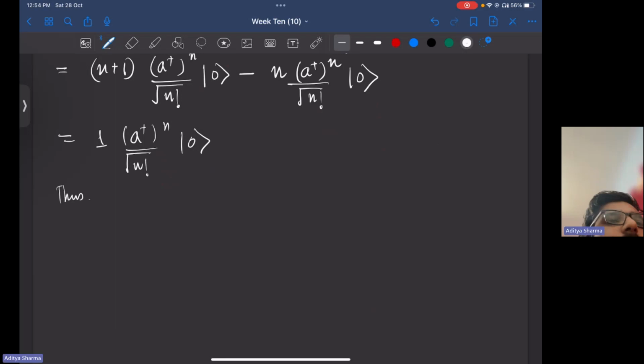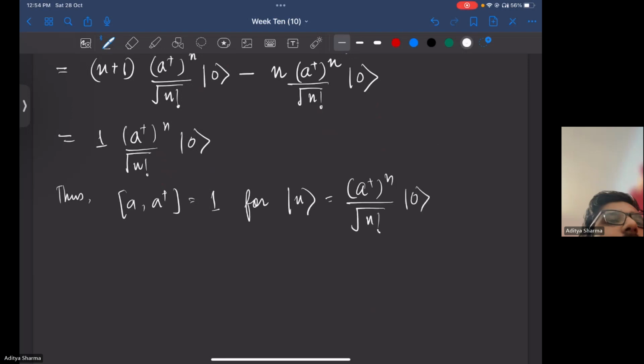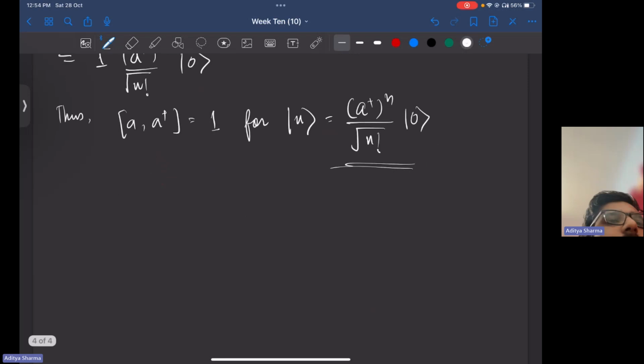Thus we showed that there is 1 for... Therefore, we have shown this. That means that the expression for cat n is correct.